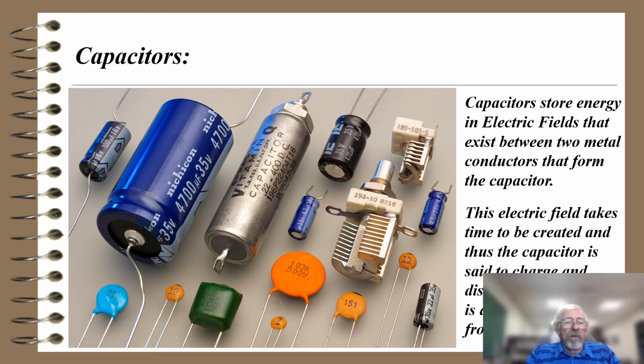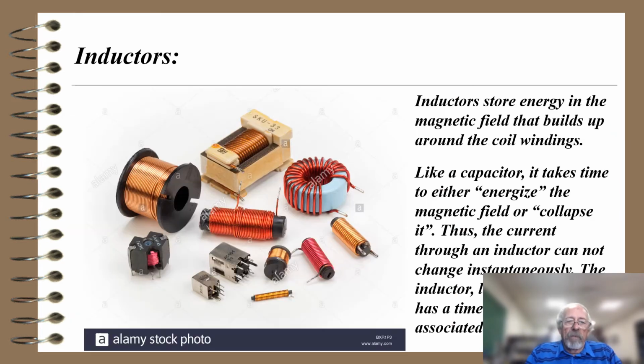So this electric field takes time to be created, and thus the capacitor is said to charge and discharge as voltage is applied or removed from the capacitor. And there are today things called supercapacitors, which are used in various transportation devices. This picture shows inductors. And inductors have many different shapes, as can be seen here.